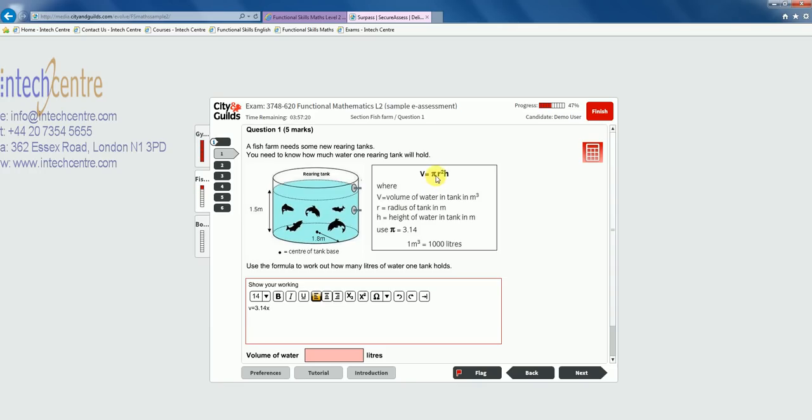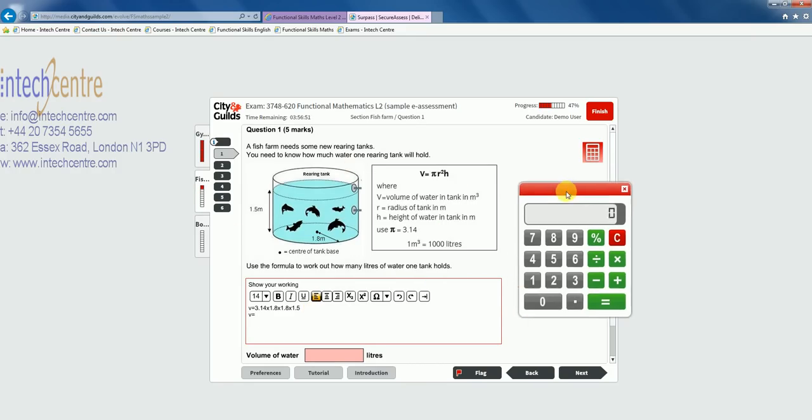So that's pi times r squared times height. So volume equals 3.14. So we have r as the radius of the tank, and that's given as 1.8. So that would be 1.8 multiplied by 1.8, and then the height of water in tank in meters. So that's 1.5.